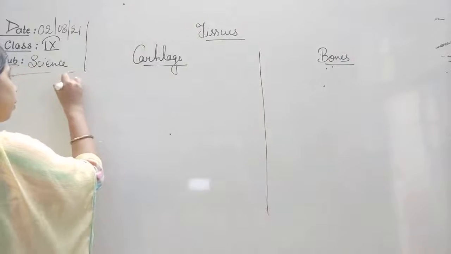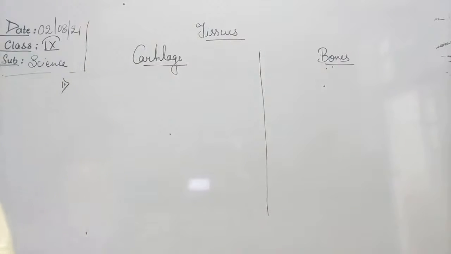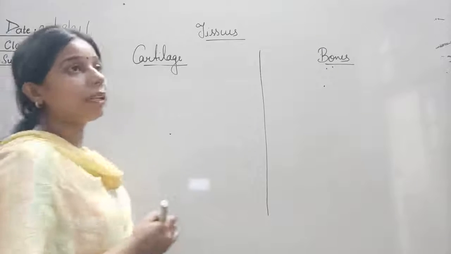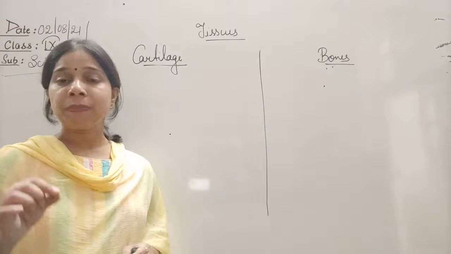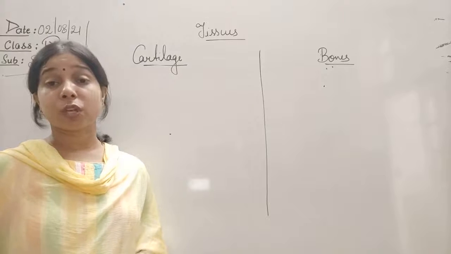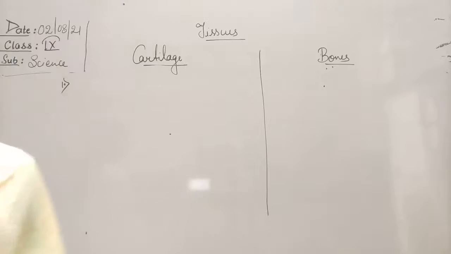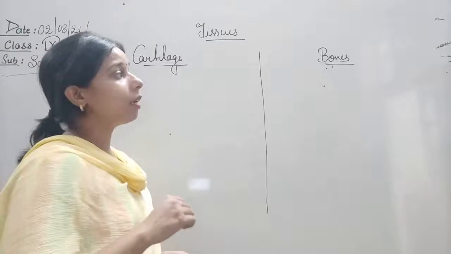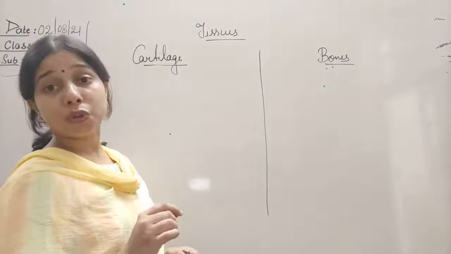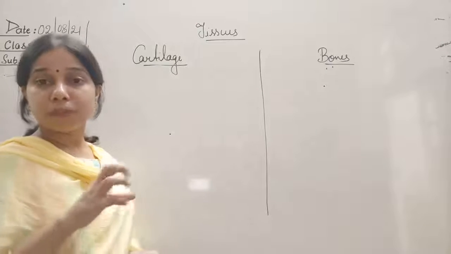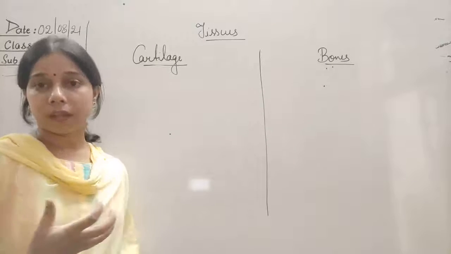So the first point in case of a cartilage is the matrix of the cartilage. It is made up of a substance which is called chondrin, which makes it flexible.